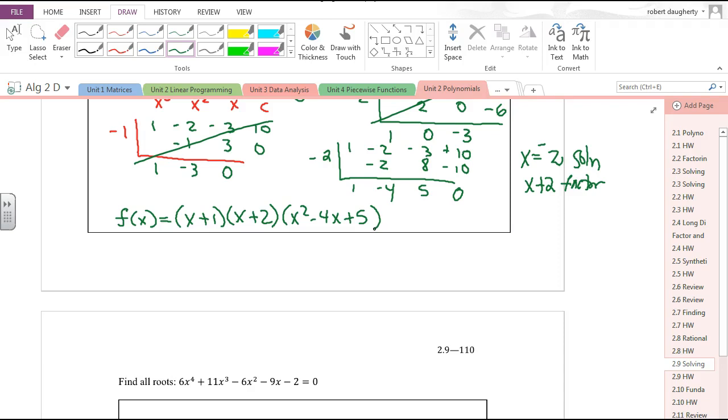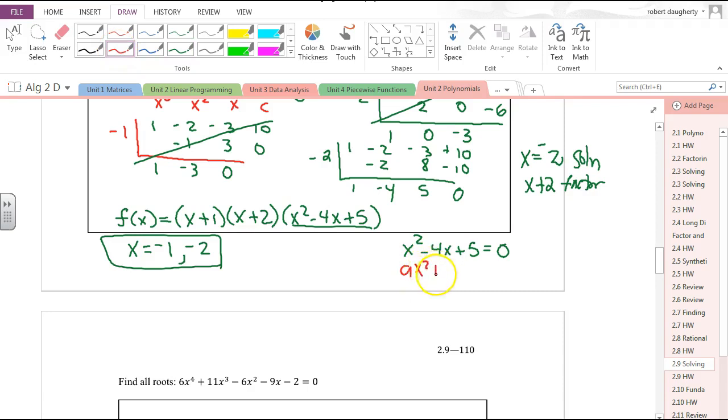So yep, my solutions are going to be x equal negative 1, negative 2, and then I have to solve this guy. X squared minus 4x plus 5 equals 0. This is in the form ax squared plus bx plus c equals 0. Okay.